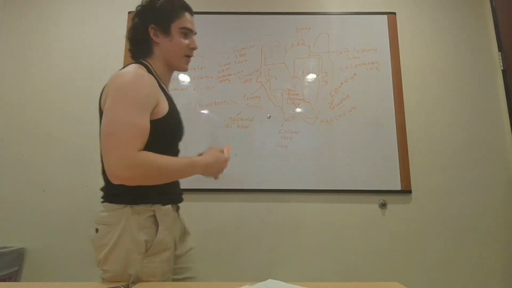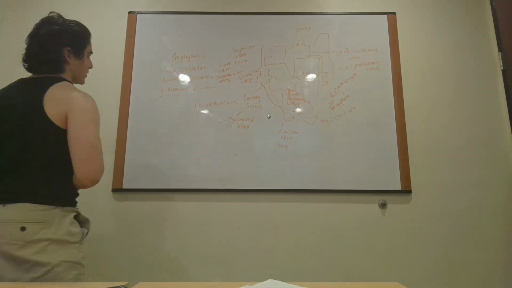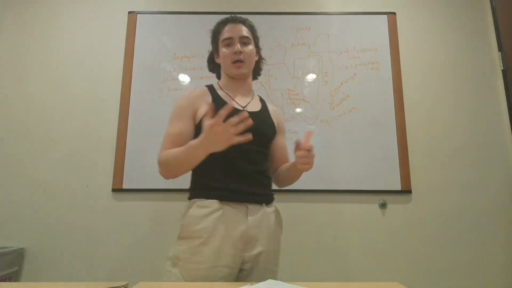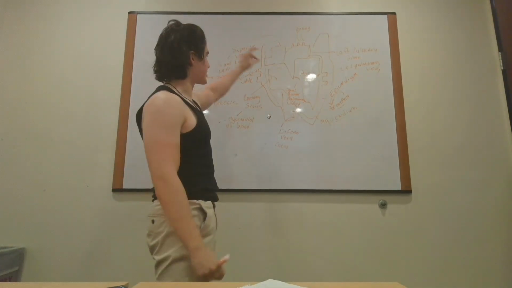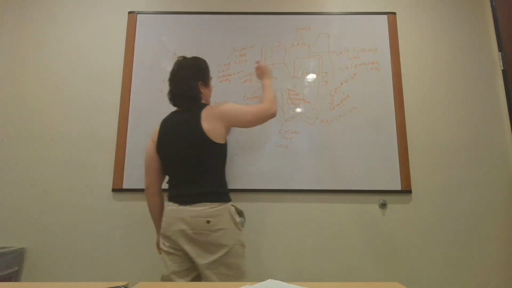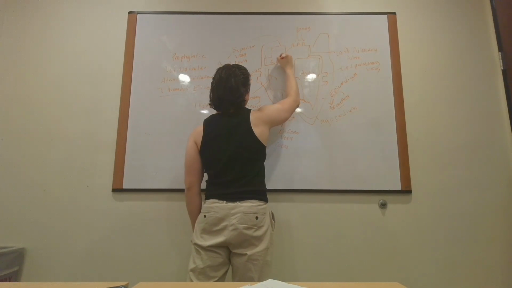Remember, the heart has 3 roles, which is blood pressure, blood circulation, as well as making sure that we stay alive through contraction. Okay, so through these systems, what we have first is the right atrium.